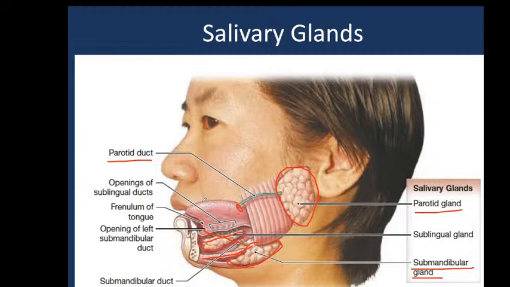The frenulum of the tongue is here, and near here, a lot of openings of the sublingual glands are located on this. This is a part we call plica. It is a kind of line under the tongue.